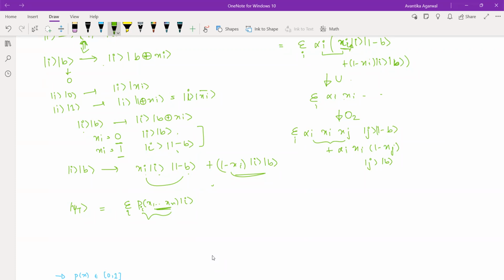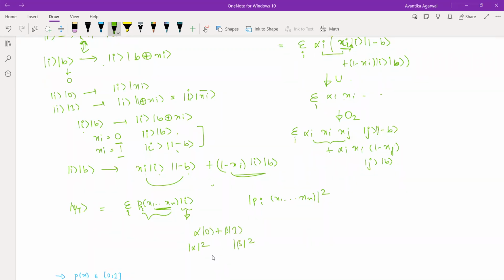And the final step of our computation, like any other quantum algorithm, would be making a measurement. Once I make a measurement, I would be measuring one of these kets i, and the probability of making that measurement would be mod p_i squared. Because in general, if we have an alpha |0⟩ plus beta |1⟩ kind of state, then the probability of measuring 0 is mod alpha squared, and the probability of measuring 1 is mod beta squared.